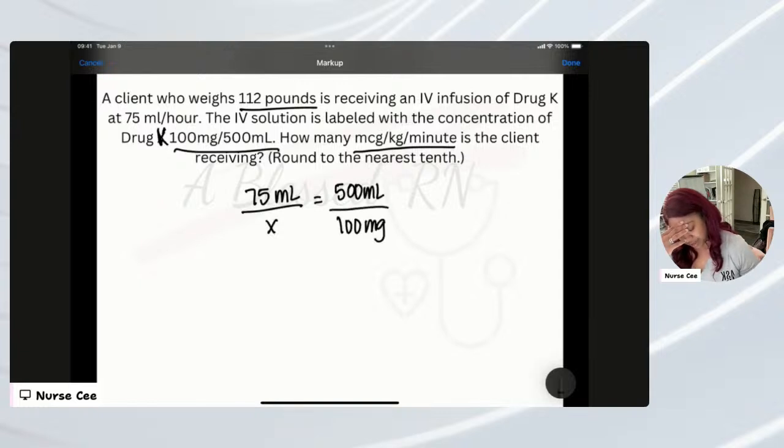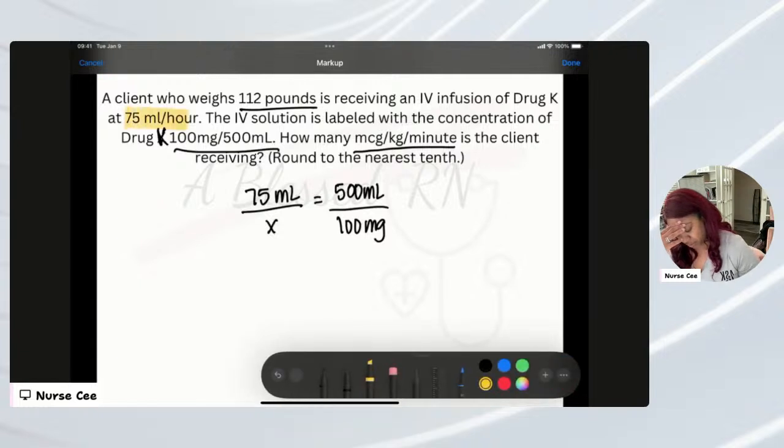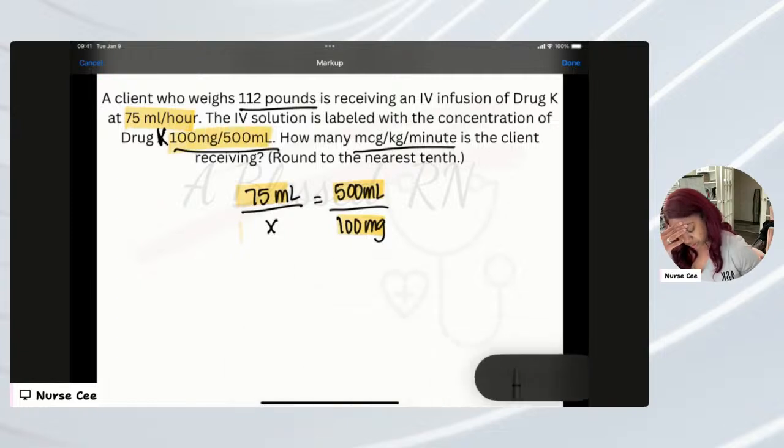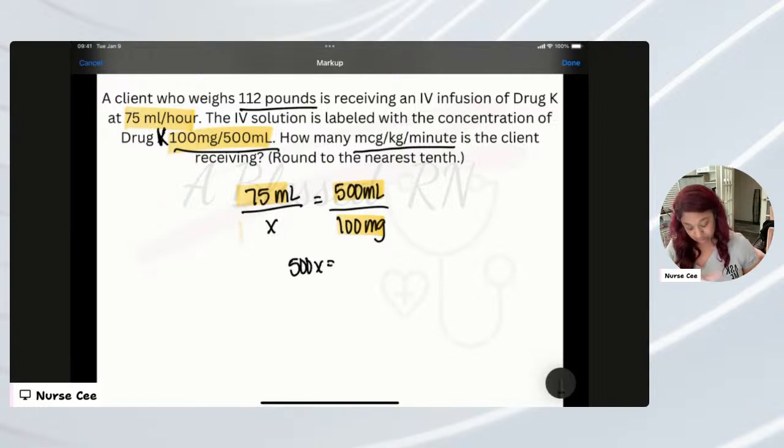So you see, I just took the rate from right here and we need to find X, which is going to give us milligrams. And this is the concentration of the medicine, okay? So what we're going to do is cross multiply. 500X equals 100 divided by, and I'm going to show you the math on here too.